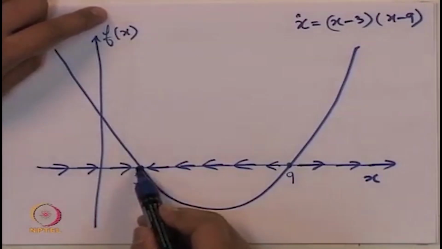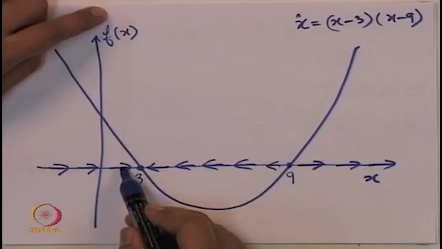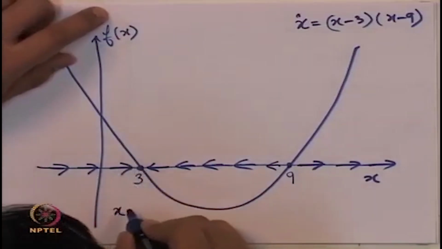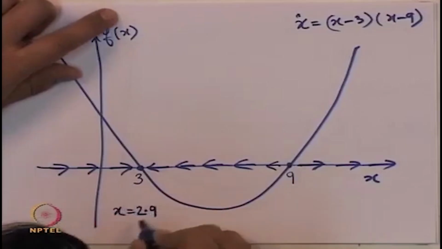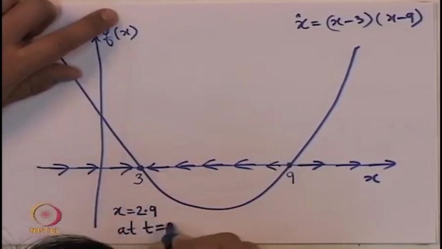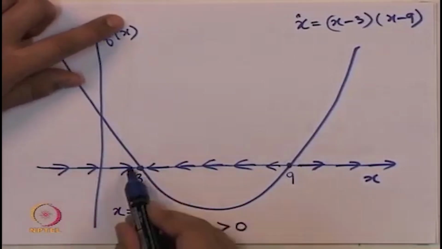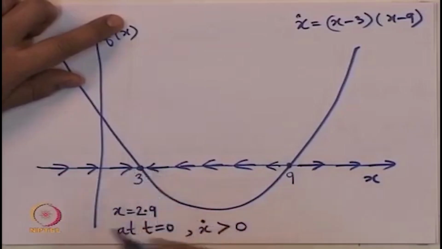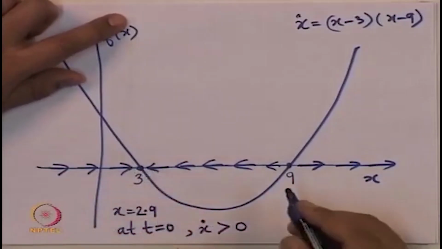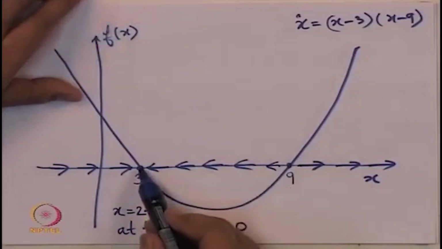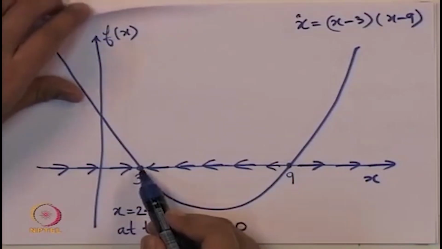On the other hand, if we move slightly to the left of 3, meaning if we start from an initial condition, for example, x equal to 2.9 at t equal to 0, then we see that x dot is greater than 0. That is why the arrow is marked to the right, and hence x will increase and approach 3 again. So, this equilibrium point we would like to call a stable equilibrium point.